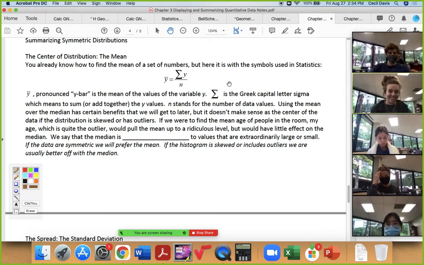So we prefer the median in those cases. But if it's symmetric, we're going to prefer to use the mean rather than the median. Okay?